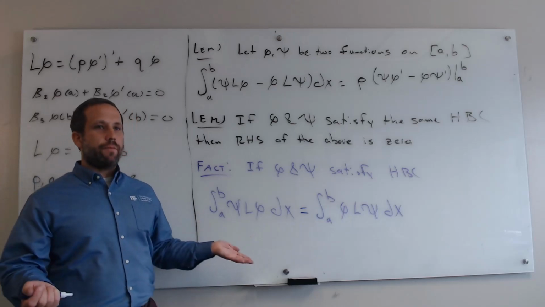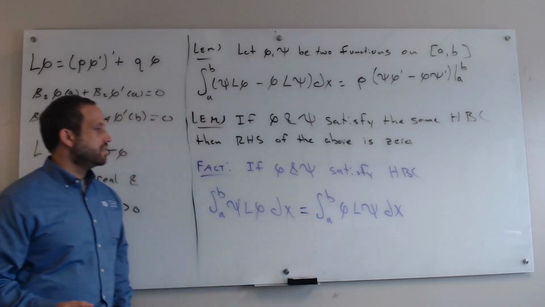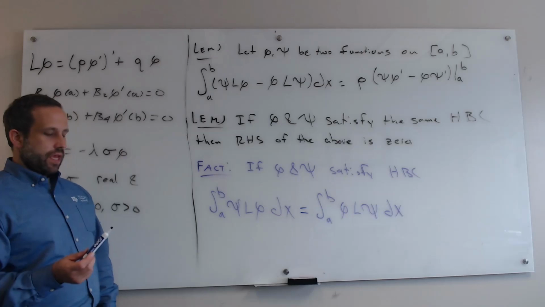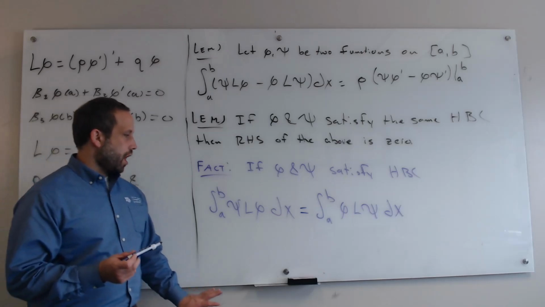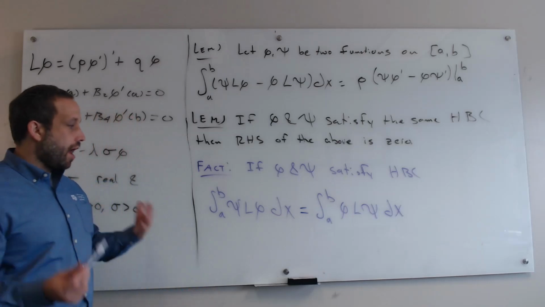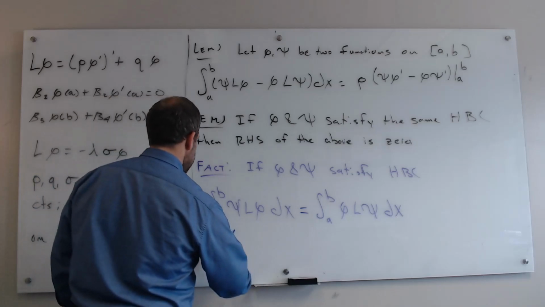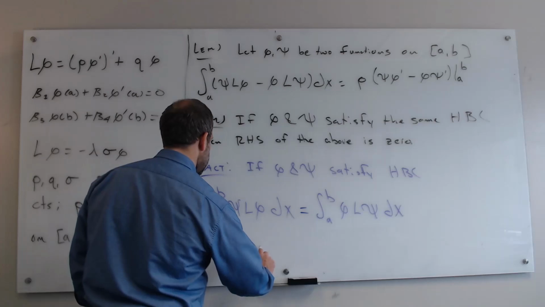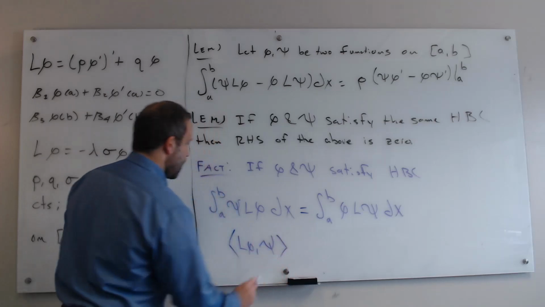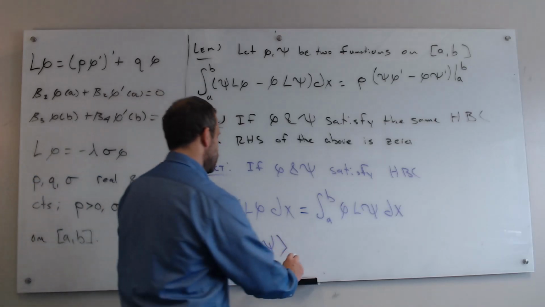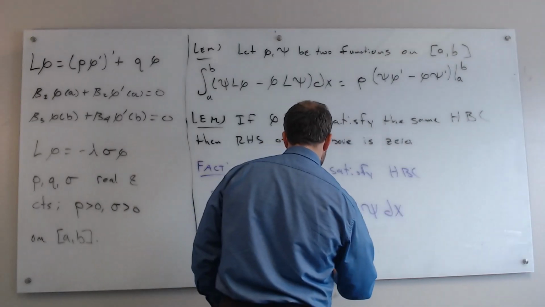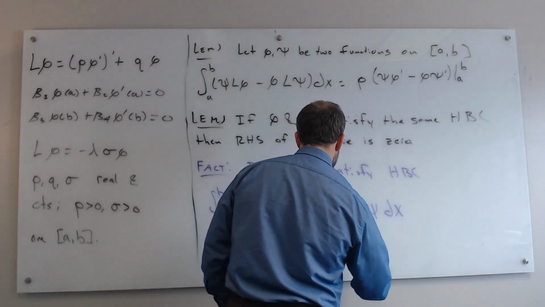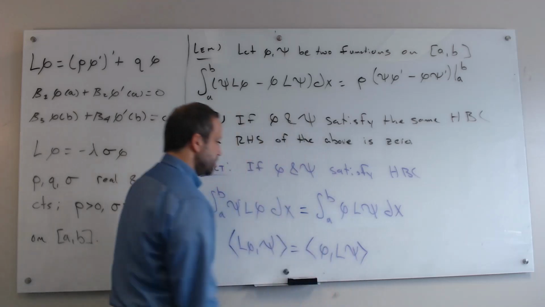What does symmetric operator mean? It means that it satisfies this type of equation here. You might be more accustomed to seeing this in linear algebra notation. We can write this as an inner product: the inner product of L phi and psi is equal to the inner product of phi and L psi.